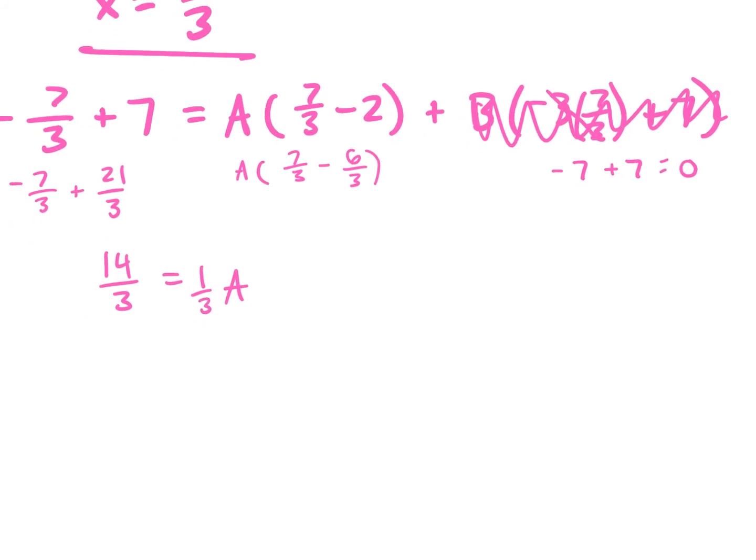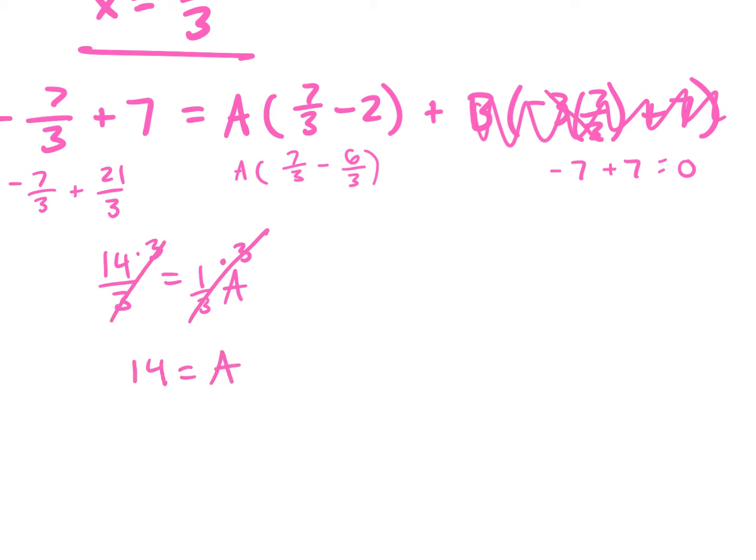So now I'm solving 14 over 3 is equal to 1/3 times a. How do I solve for a? Divide by 1/3 or multiply by 3. So I multiply both sides by 3. It'll cancel out here and cancel out there. So I have 14 is equal to a.